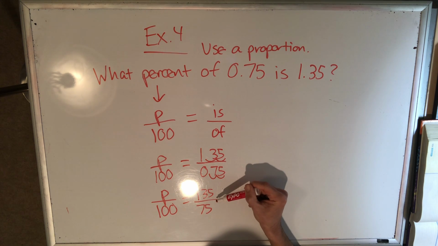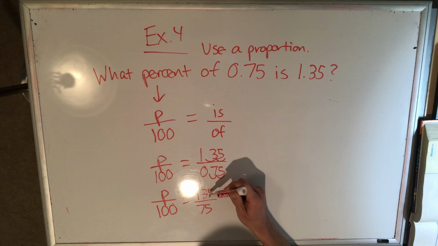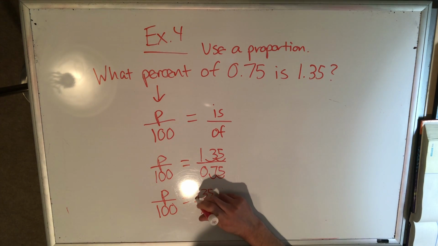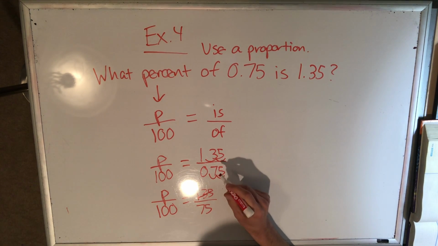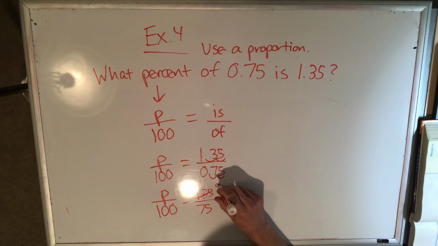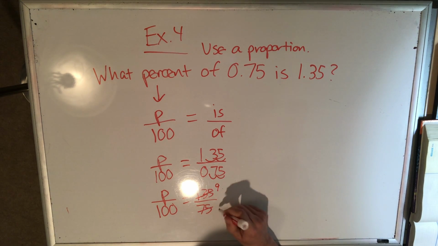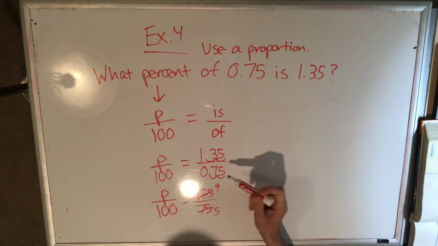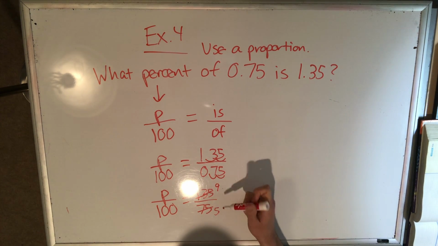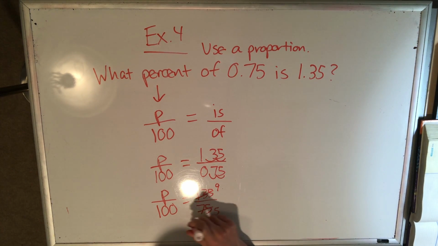3 times 5 is 15, so 15 must go into both of them. 135 divided by 15 is 9. 75 divided by 15 is 5. We can cross multiply since we have equal fractions, or just realize 5 times 20 is 100.